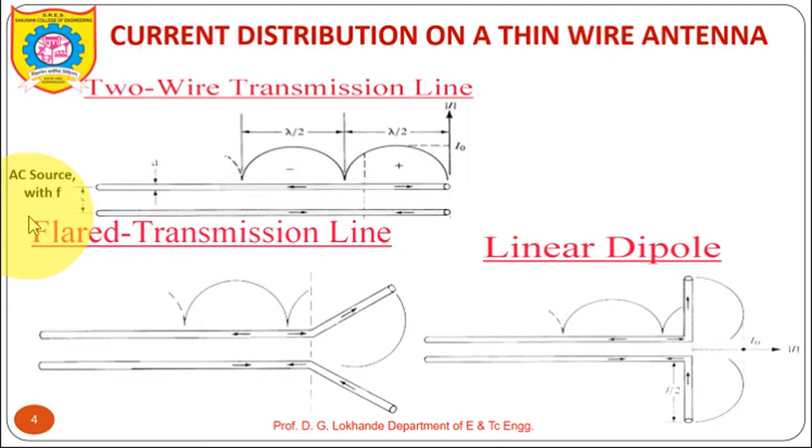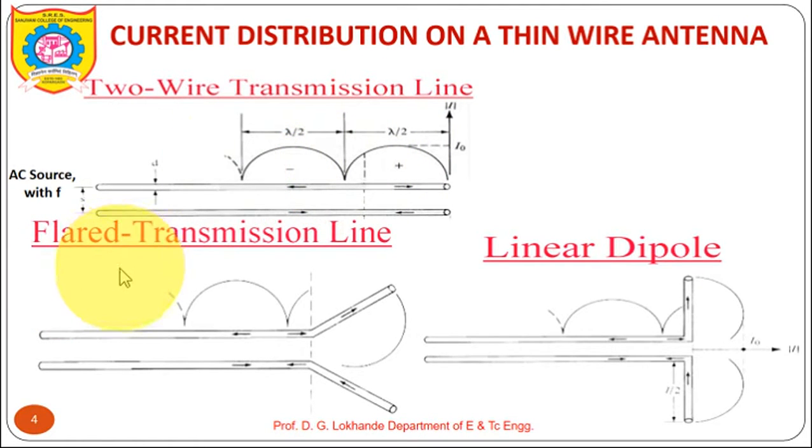In the simple transmission line, the signal will be developed over there, and we apply an AC source with a certain frequency. So the forward signal is available, and the backward signal is available, and some kind of standing wave ratio will be generated over there.